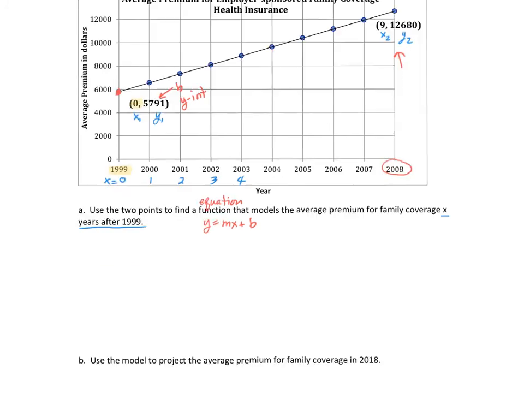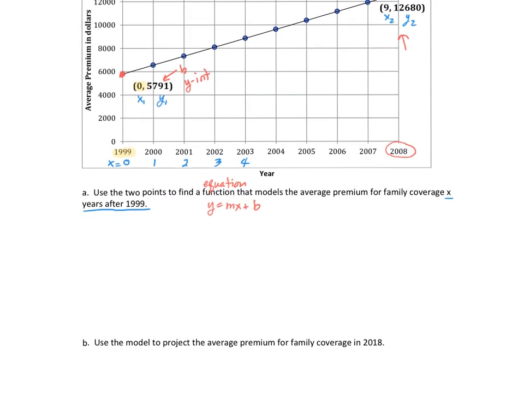To compute the slope, I'm going to do y2 minus y1 over x2 minus x1, so m is equal to 12680 minus 5791 over 9 minus 0. I have 6889 over 9.